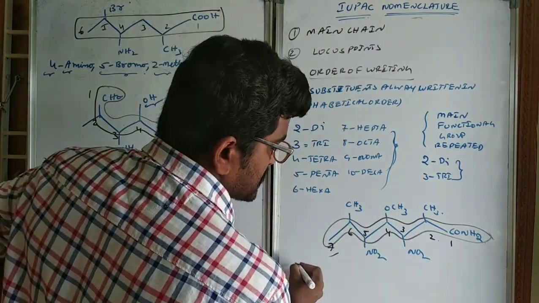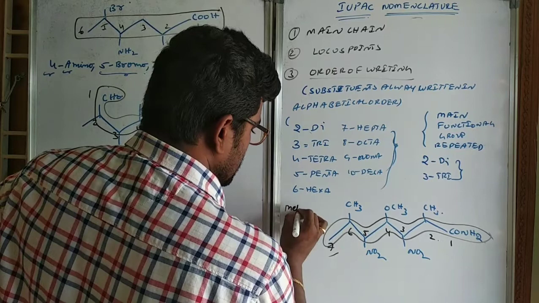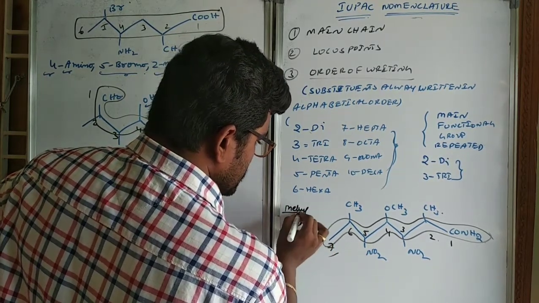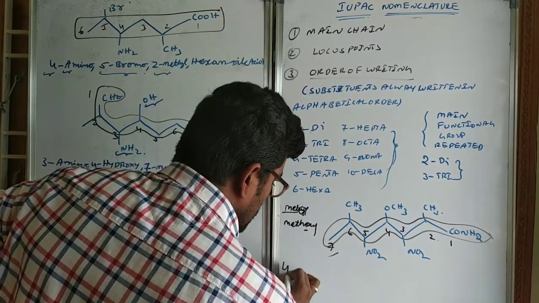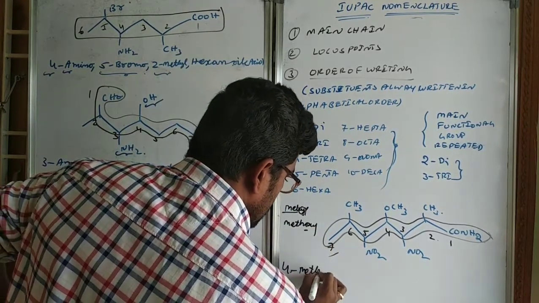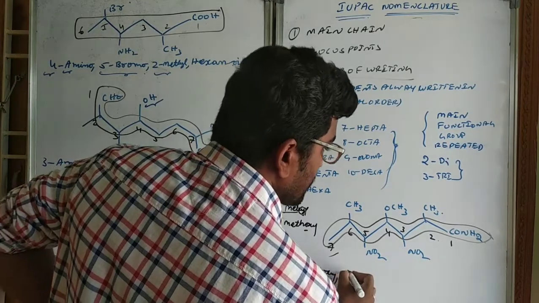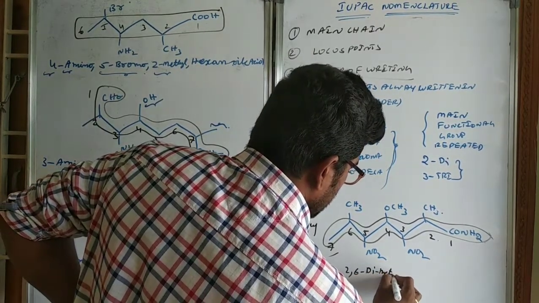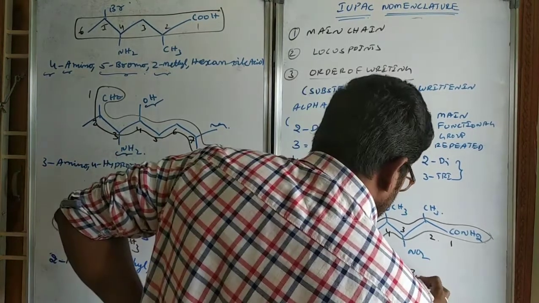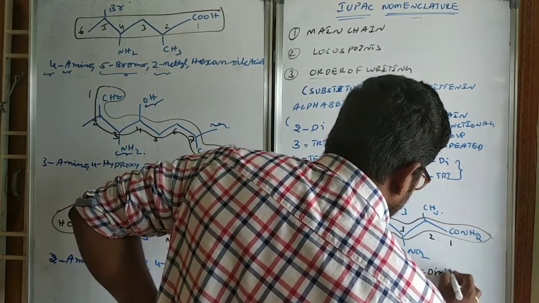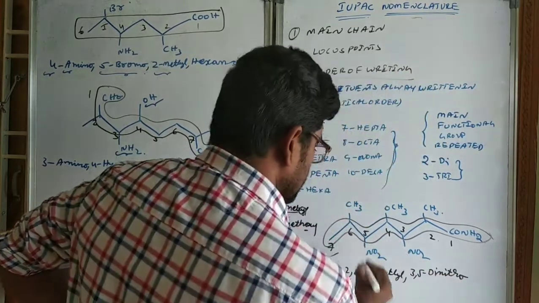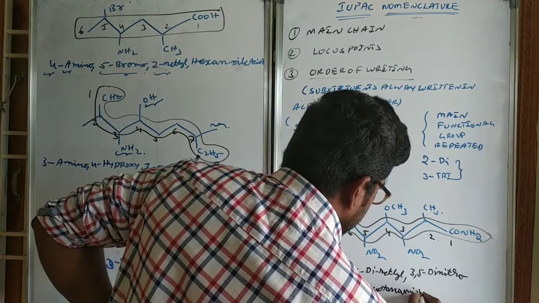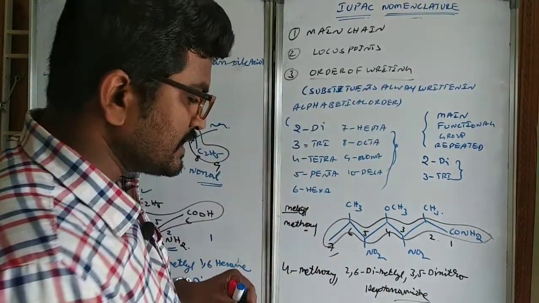Methoxy, methyl: meth, y is there, oxy is there. So 4-methoxy-2,6-dimethyl-3,5-dinitroheptanamide. So you can see dimethyl is there.